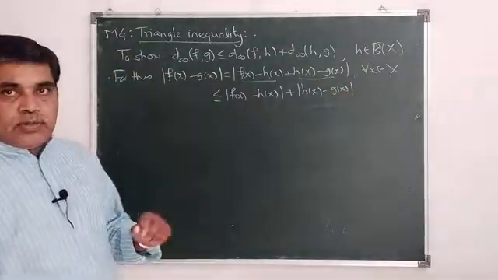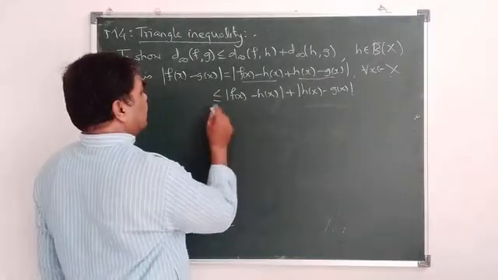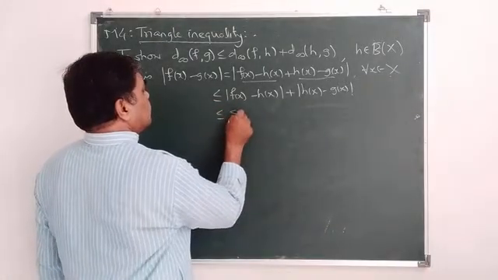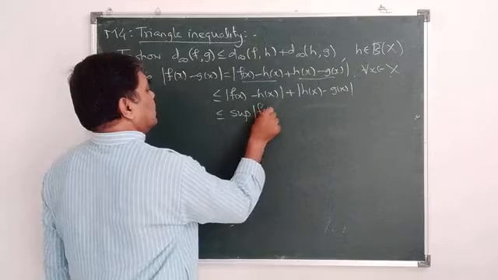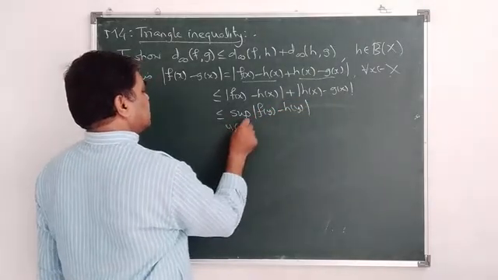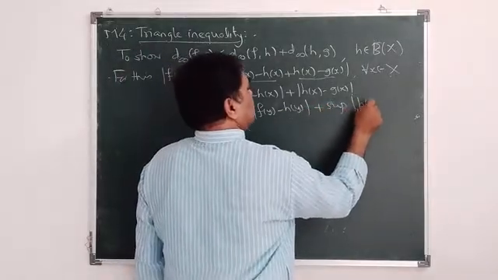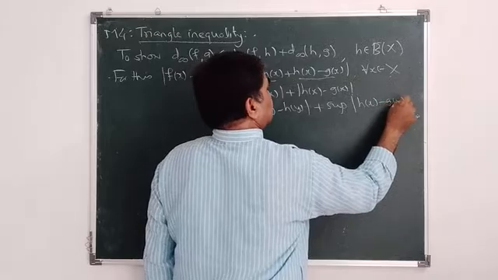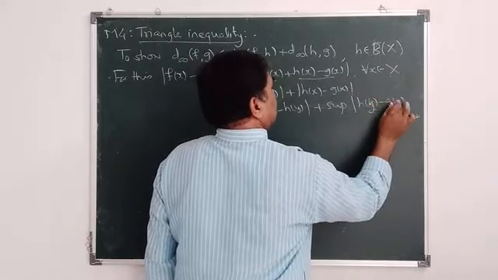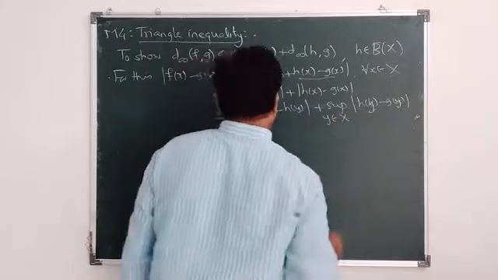Mod a plus b less equal mod a plus mod b for any two real numbers a and b, and then this is less equal supremum of mod fy minus hy, where y varies in X, plus supremum of mod hy minus g of y, where y varies in X.